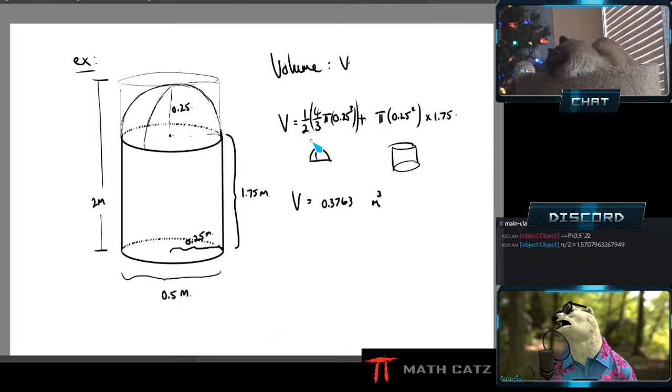We had the circular dome, which had a radius of 0.25. It's a half sphere. The volume of the sphere is 4/3 pi r cubed, and I then halve that, plus the volume of the cylinder, which is the area of the base, pi r squared, times the height, 1.75.